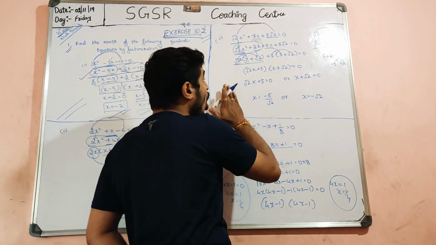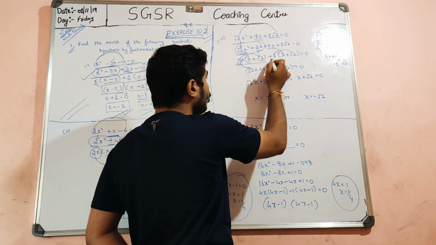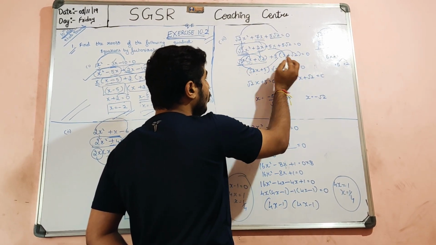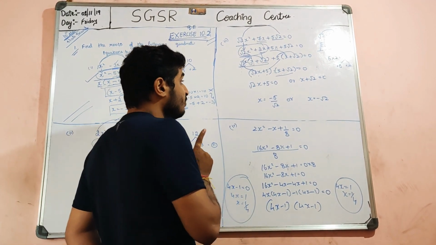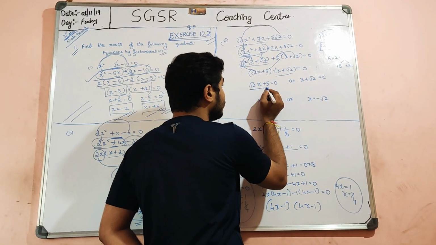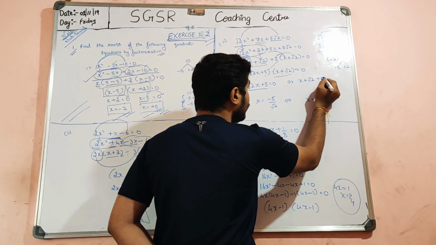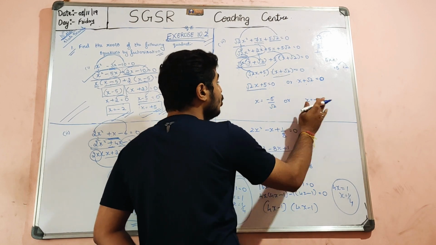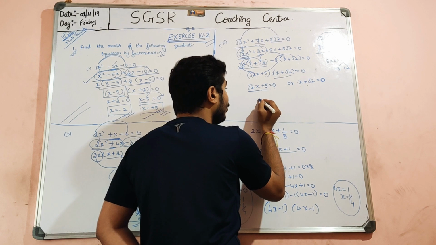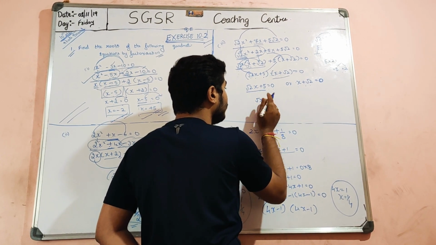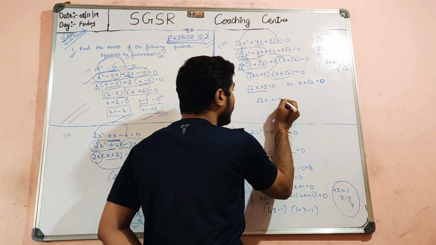Now the common value is root 2x plus 5, and the remaining for both is x plus root 2 is equal to 0. Now in the same way, root 2x plus 5 is equal to 0 and x plus root 2 is equal to 0. Now you can write the value as root 2x is equal to minus 5.